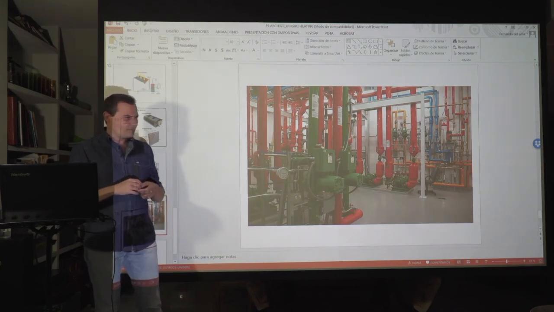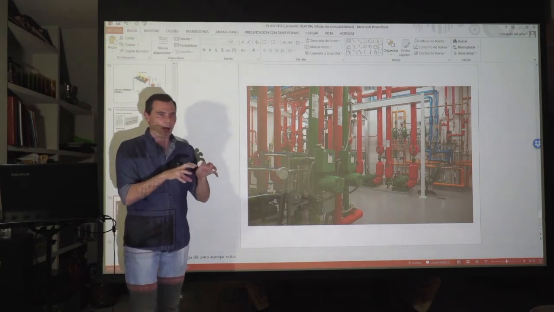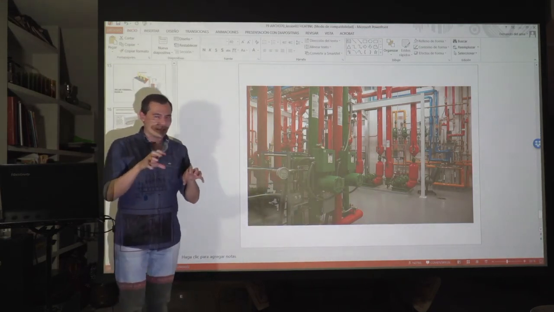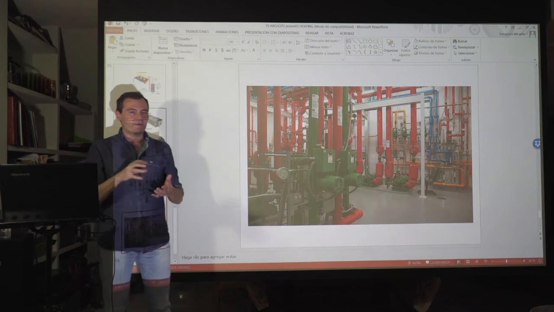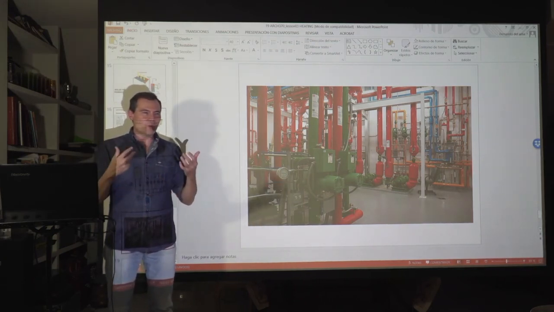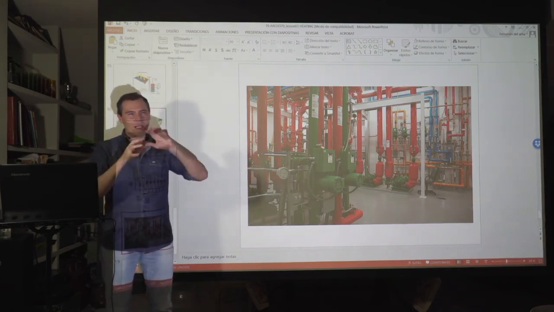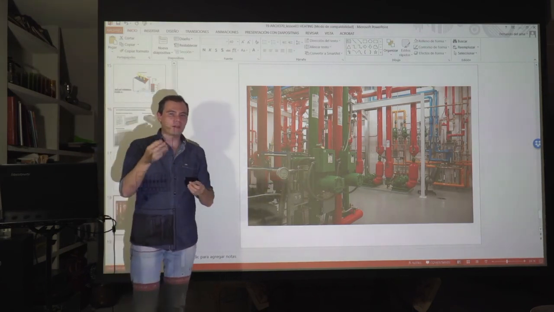But this is not the first decision we have to make when we are starting the design process. At the first stage, we have to work with the idea, what we want to do, the shape of the building, materials, something that you will learn in design.